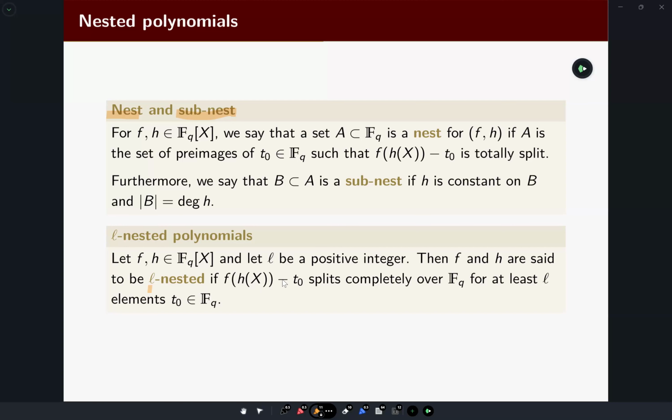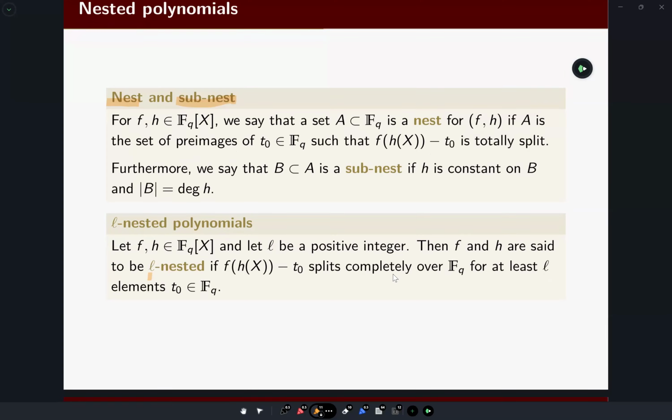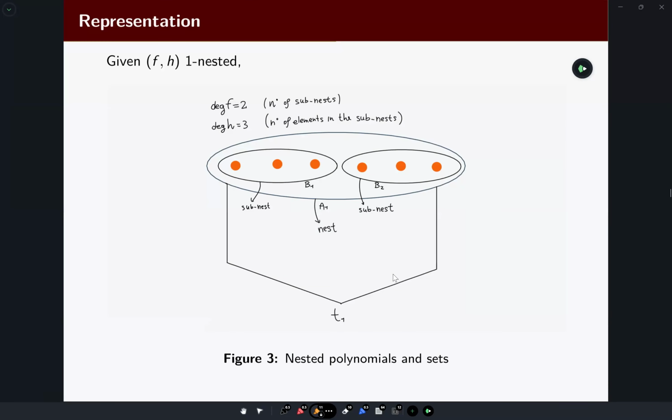that f of h minus t naught splits completely over Fq for at least L elements t naught. So this is the situation, again, a little bit more precise here with some names. Now, we have, in this case, two subnests and one bigger nest.